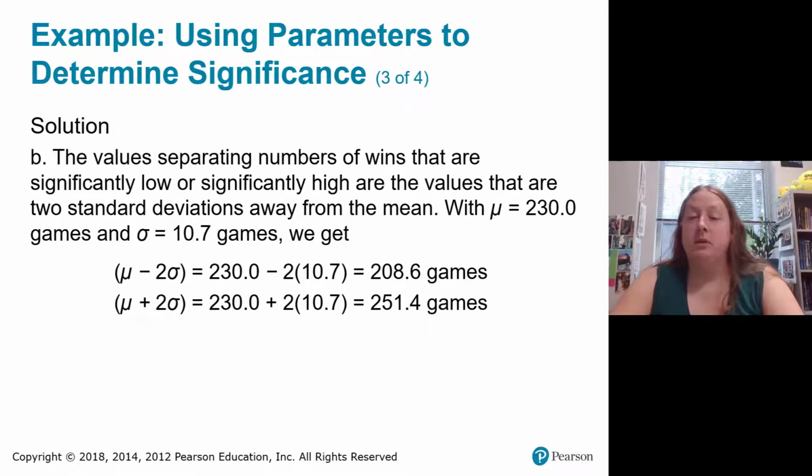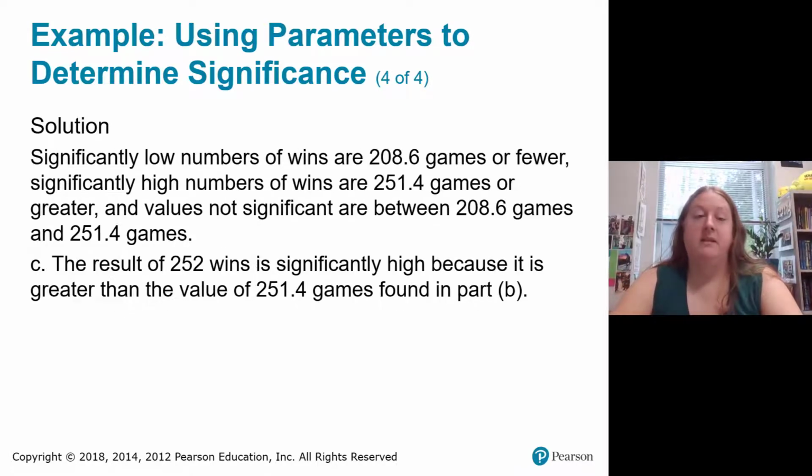So now the range rule of thumb tells me that significantly low numbers of wins are going to be 208.6 games or fewer. Significantly high numbers of wins will be 251.4 games or greater. And the values that are not significant are the ones between 208.6 games and 251.4 games.